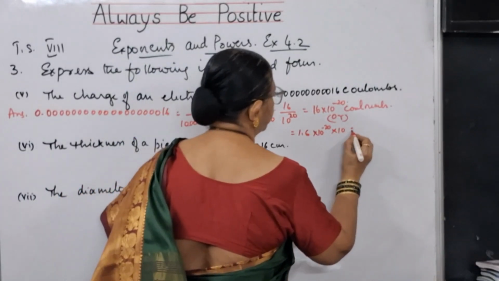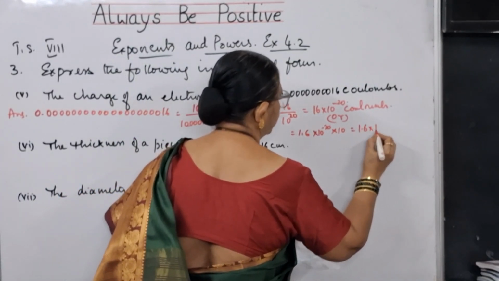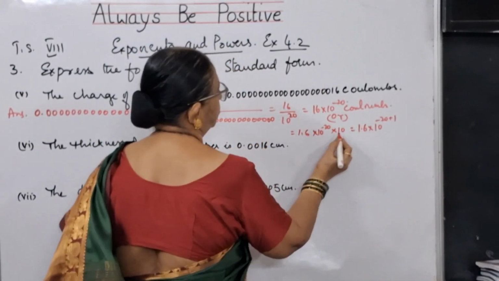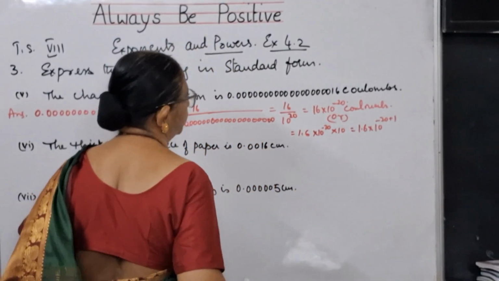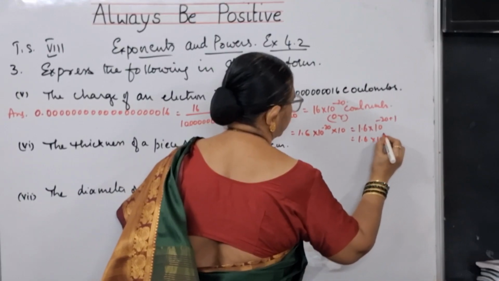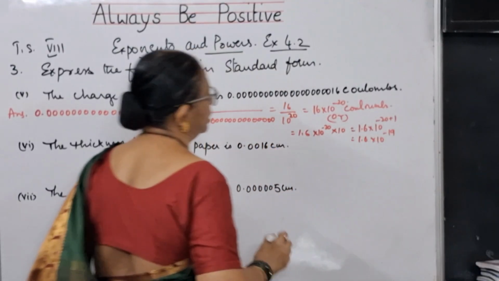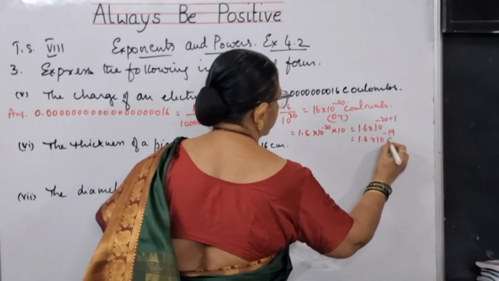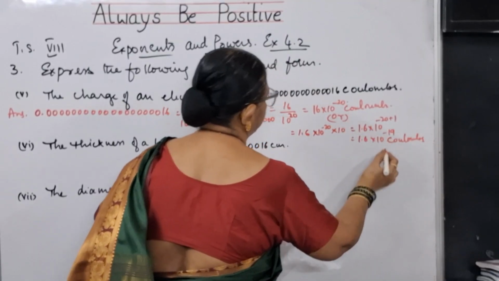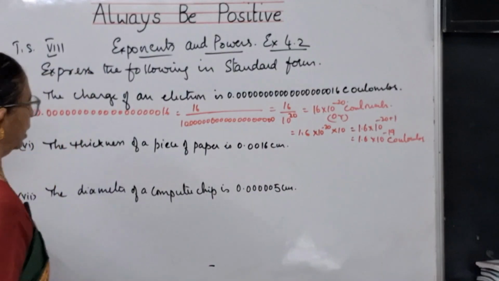So this becomes 1.6 into 10 to the power of minus 20 plus 1. When bases are same and multiplied, power should be added. This becomes 1.6 into 10 to the power of minus 19 coulombs. So either this or this you can write as answer.